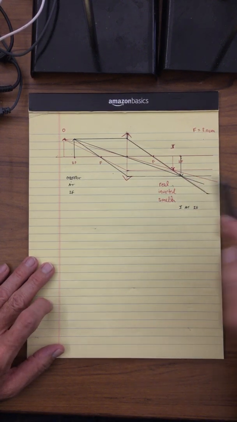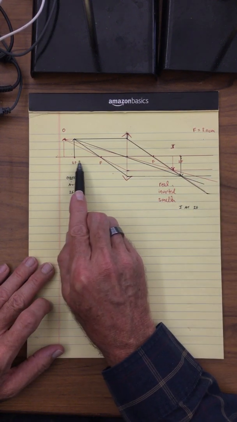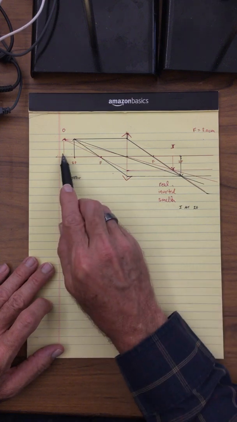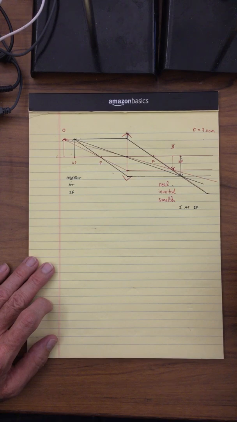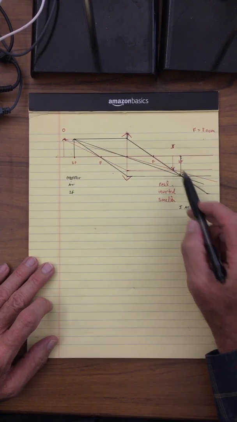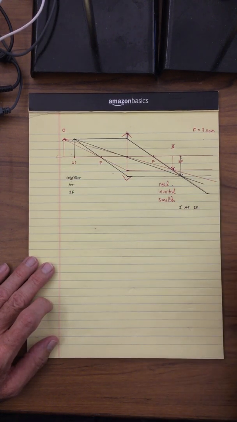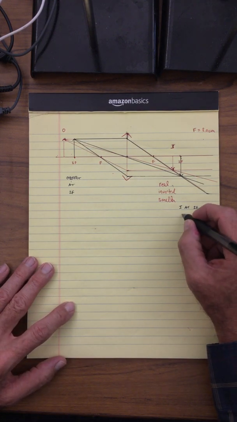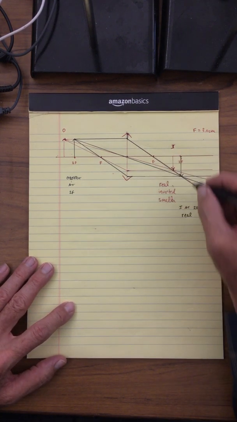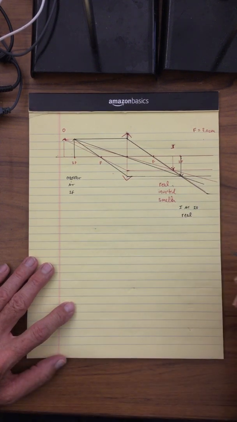But what's happened to the image? As we approach the focal point, it went from this size to this size. It started off as 2, this one's smaller. This one is actually larger. So this is also a real image because the actual light rays are converging.